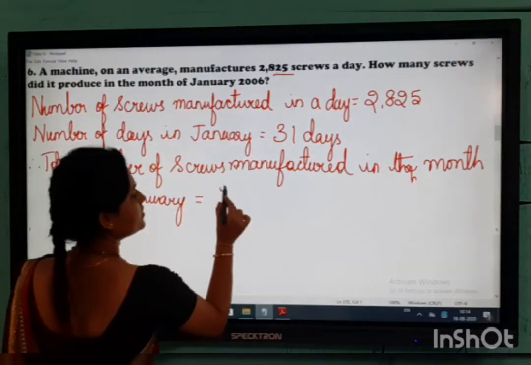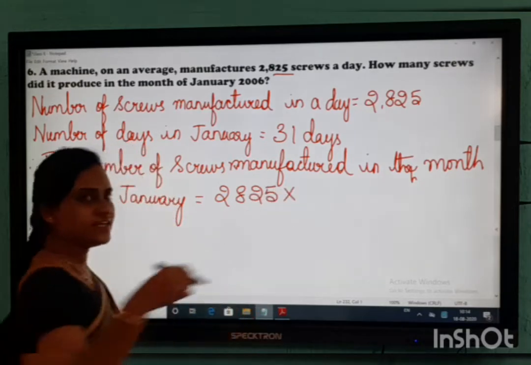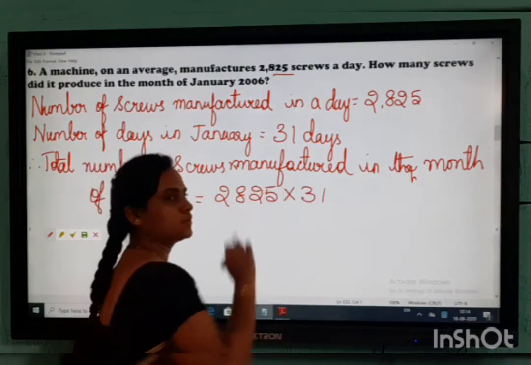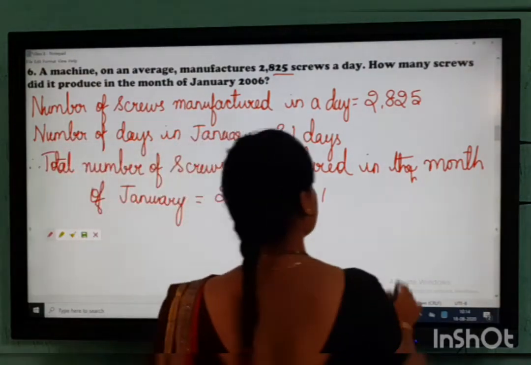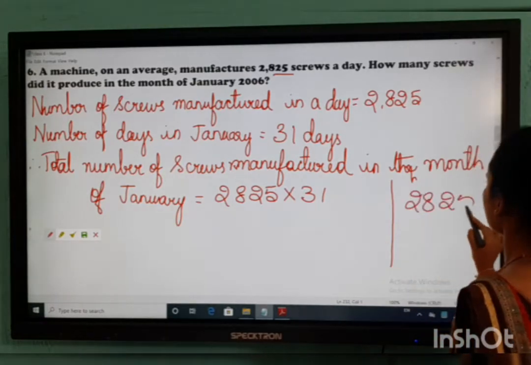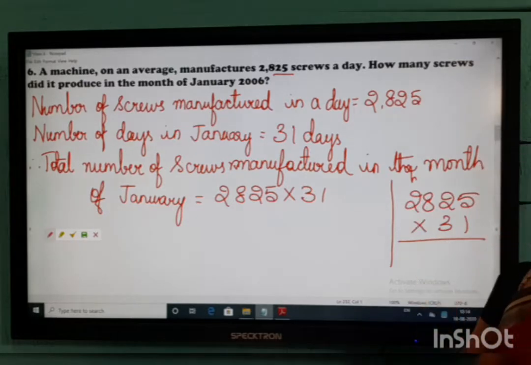In one day how many screws? 2825. So for how many days are they asking you to calculate? For 31 days. Right. You will find the product in the working column, that is 2825 into 31. You will find the product.